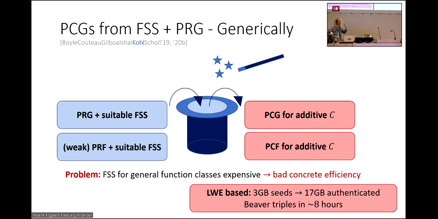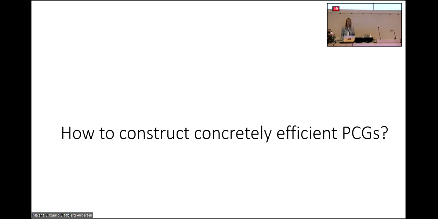Even if we did some optimizations, if you do LWE-based, this is actually for authenticated Beaver triples, you have to start with a lot of key material, and the expansion time to expand it was like 8 hours or something like that. So you can do it, you can still run it, but it's not where you want to go. And so the question is, how can you construct concretely efficient PCGs?